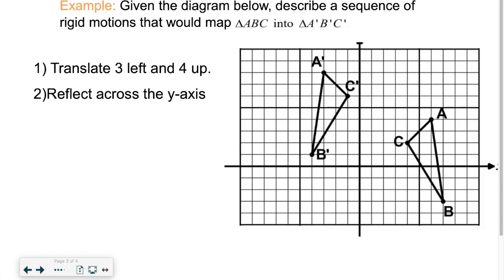And now let's look at our final example here, okay? So here it says, describe a sequence of rigid motions that would map triangle ABC into triangle A prime, B prime, C prime. So here's triangle ABC, and we want to get it to land on here. So there's one way that I've already done for you.